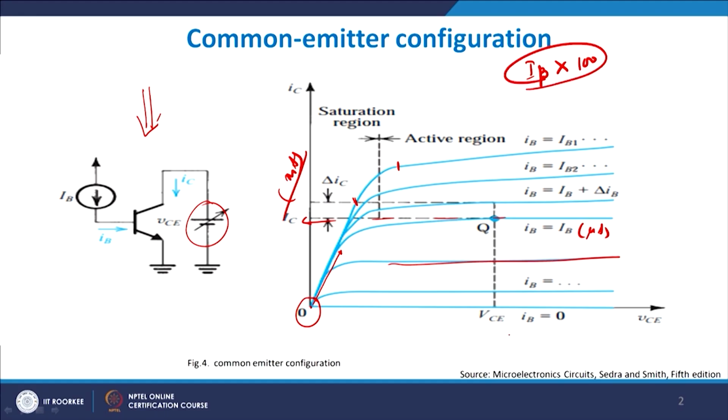Why do you multiply? Because your emitter current is approximately equal to the collector current, and your base current is very small because of recombination. Whatever is left is basically your collector current, and therefore the collector current IC is of the order of a few milliamps, whereas the base current is of the order of a few microamps.